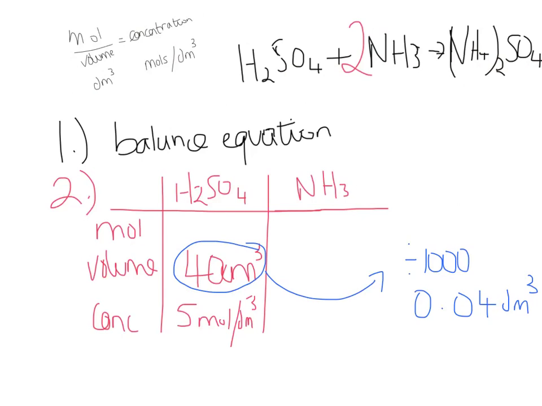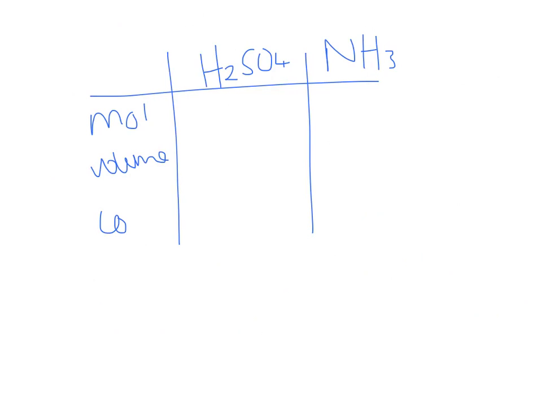Okay, so I'm going to redraw the table. Same setup: moles, volume, conc for concentration. 5, 0.04, and I do my sum. So instead of doing moles divided by volume equals concentration, I do concentration times volume. So I get the moles as 0.2 moles.